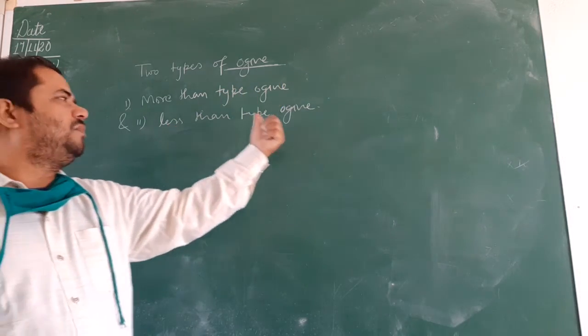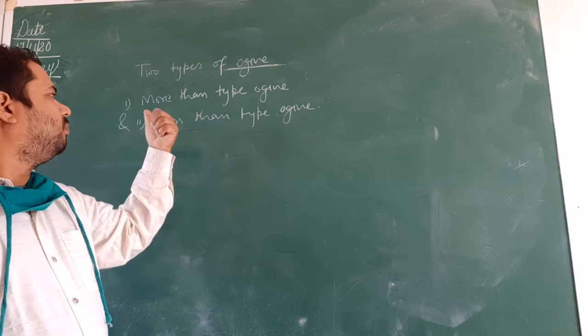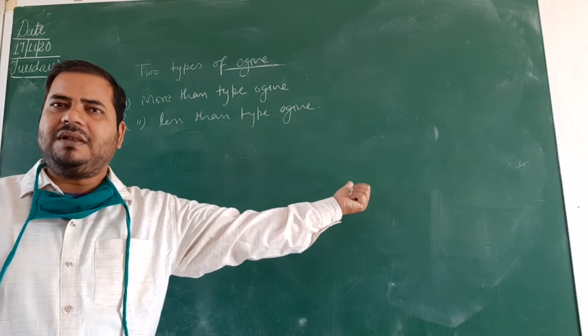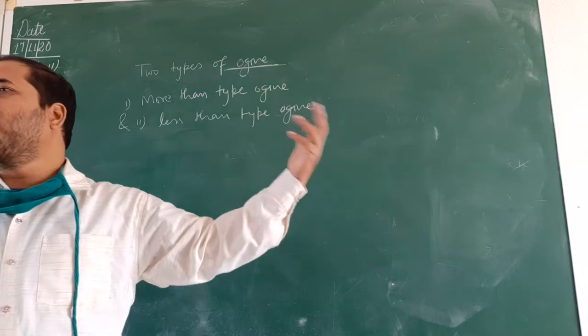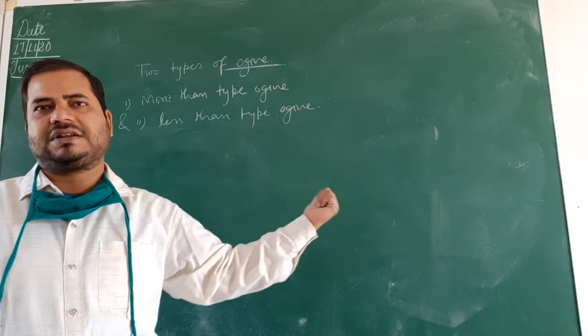But less than type ogive is drawn between the less than type cumulative frequency table and the upper limit of the class intervals.